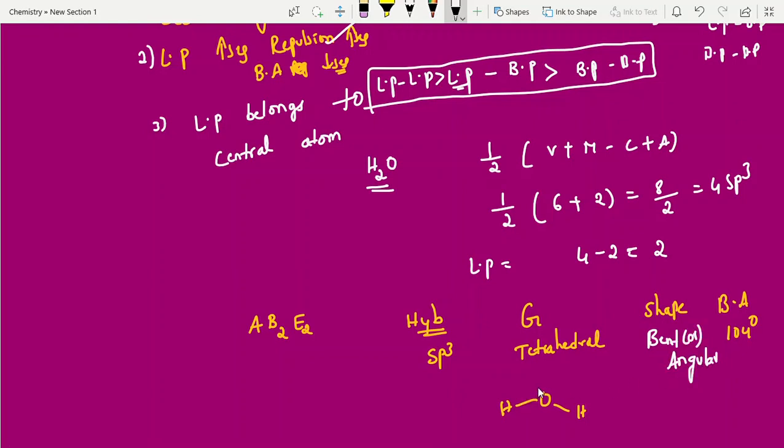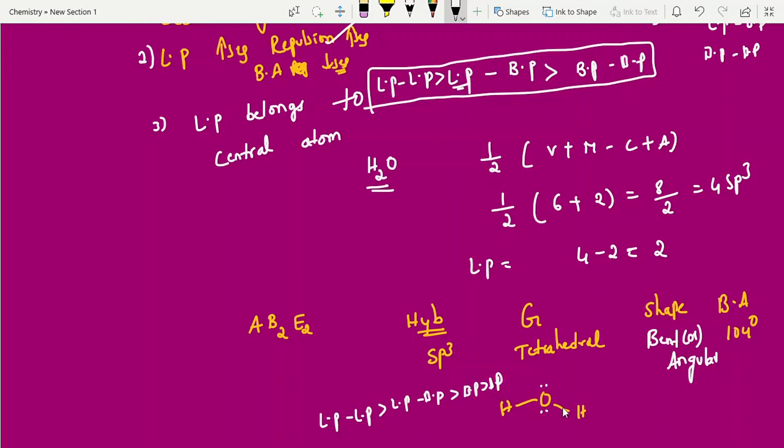Okay. Now the lone pair belongs to the central atom. That's it. Because of this lone pair, what types of repulsions are there here? Lone pair-lone pair is there, and lone pair-bond pair is there, lone pair-bond pair, lone pair and bond pair, and two between the two bonds. All types of repulsions are present.